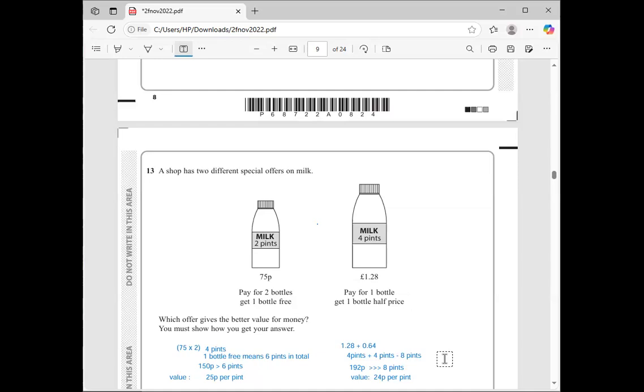The jar looks bigger. The one on the left-hand side, the jar looks smaller. But can you see the reverse is the case? With the one on the left, I have more value because I can get, oh, hold on a minute. So now, let's look at this very well.